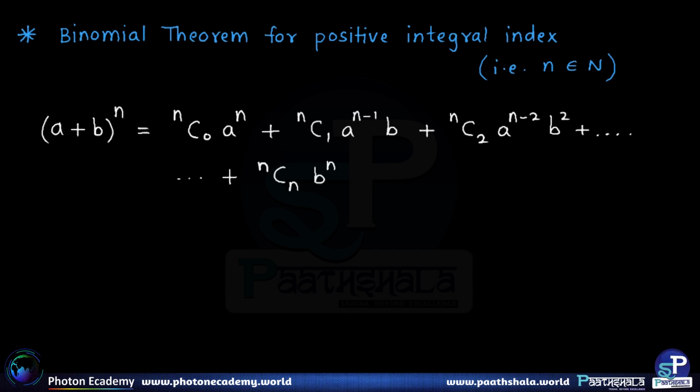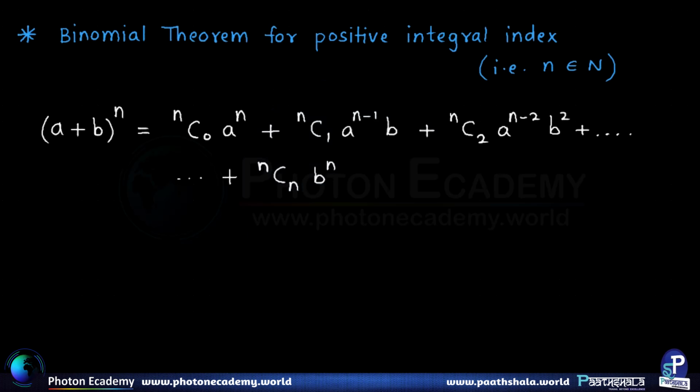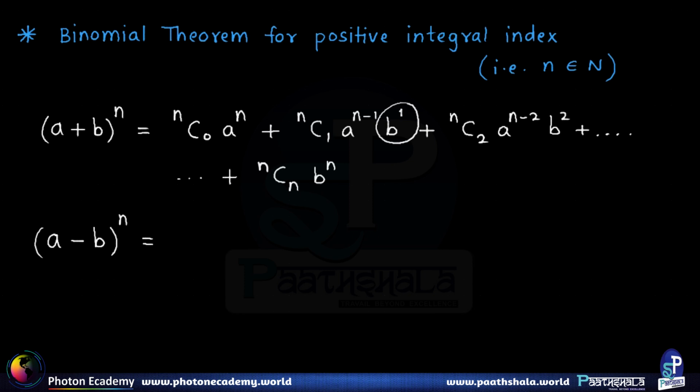Now based on this we can deduce a lot of things. The first immediate deduction is, if instead of plus b we have minus b in the binomial, then wherever we have odd powers of b, so b raised to 1, then in the next term we will have nC3 A raised to n minus 3 into b cube.